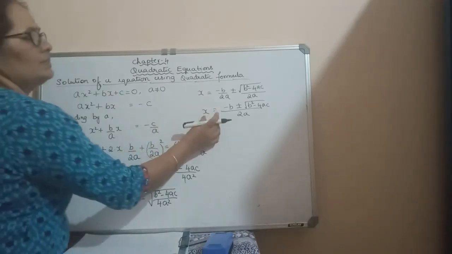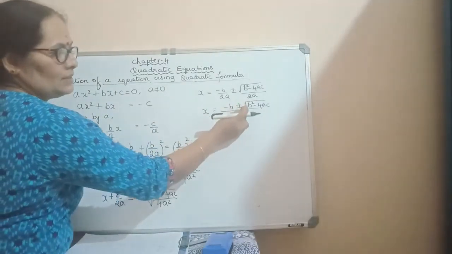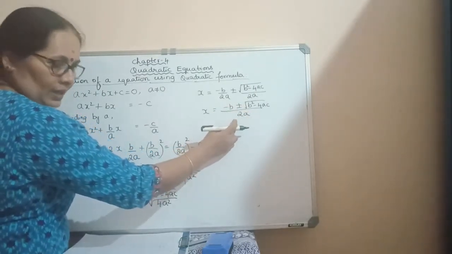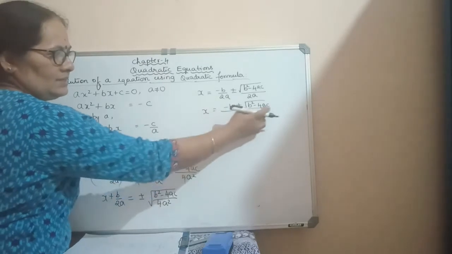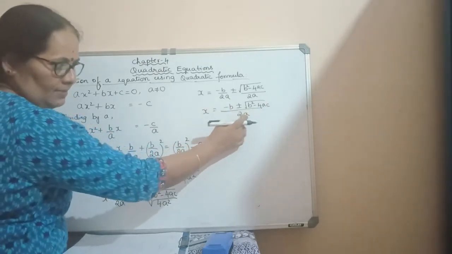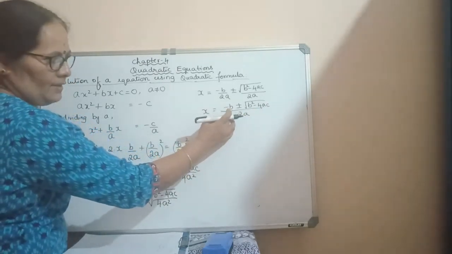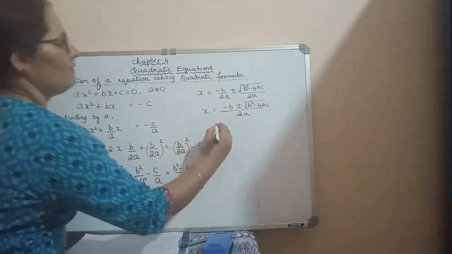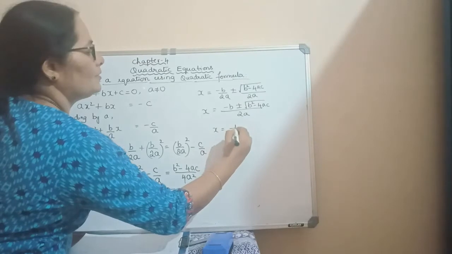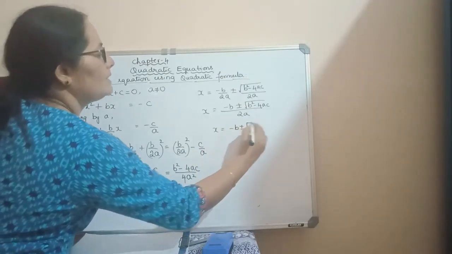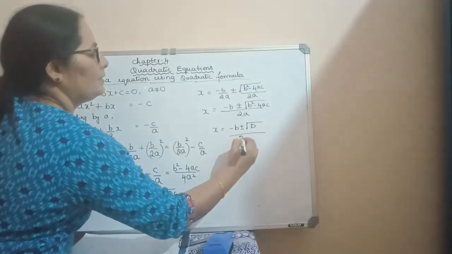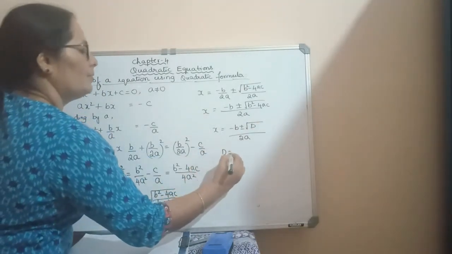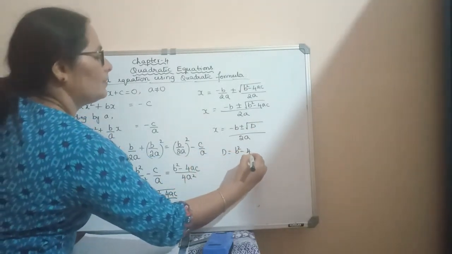So x equals minus b plus or minus root b square minus 4ac by 2a, where a is the coefficient of x square, b is the coefficient of x, and c is the constant term. In short, we can write it as x equals minus b plus or minus root d by 2a, where d is equal to b square minus 4ac.